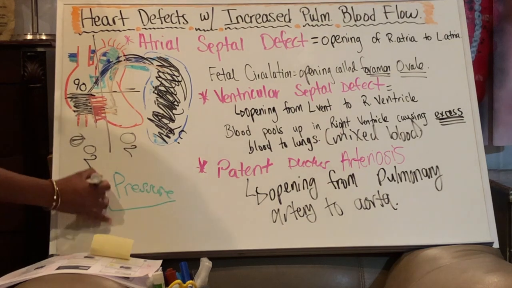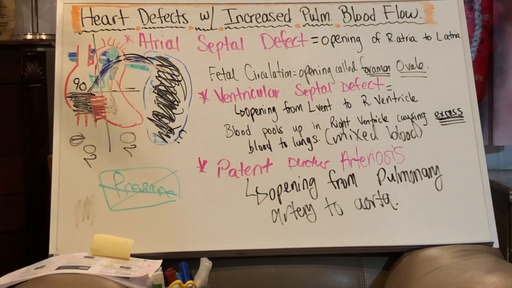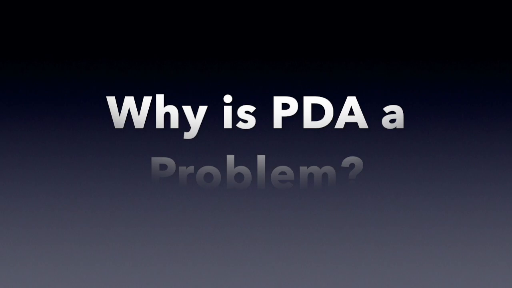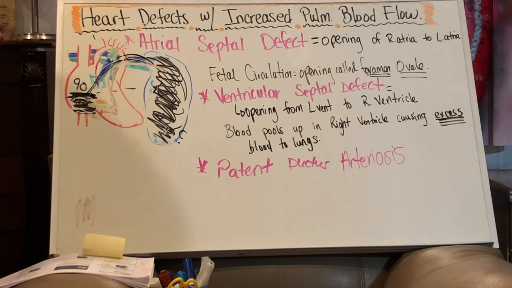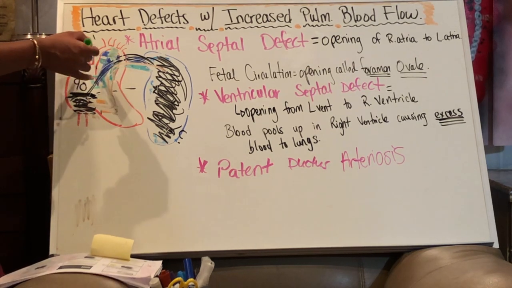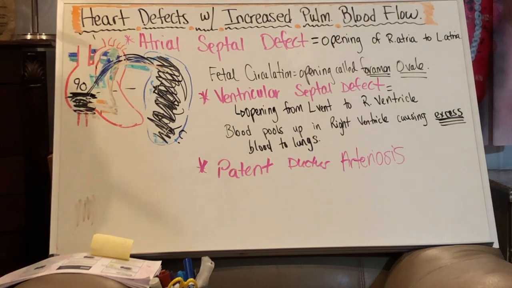Because the pressure didn't change, there was no closing. Everyone knows that the aorta sends oxygenated blood to the body, but instead of sending it to the body, the blood falls back through the PDA and then into the lungs.